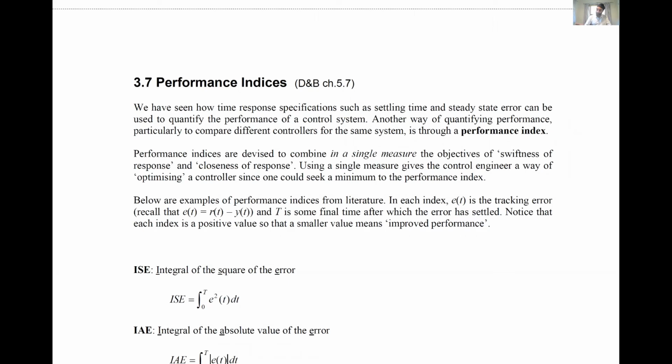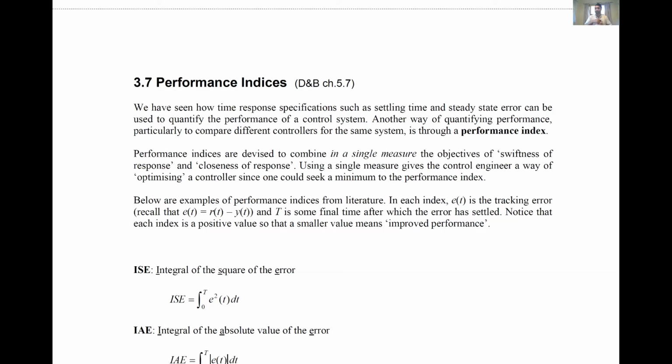In previous discussion, I've described that the response can be characterized by several characteristics. We can describe settling time, peak time, rise time, overshoot, steady state error, peak response. All these characteristics correspond to one of two groups of performance.